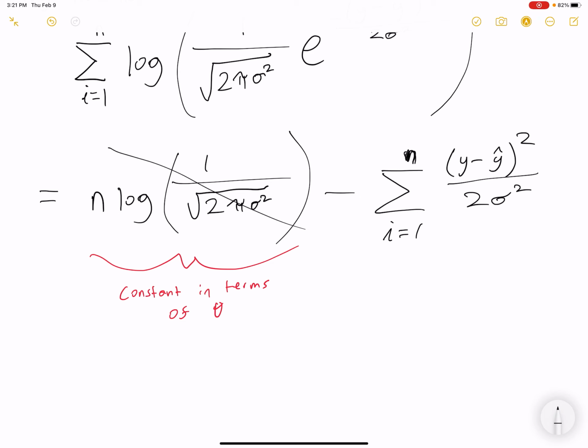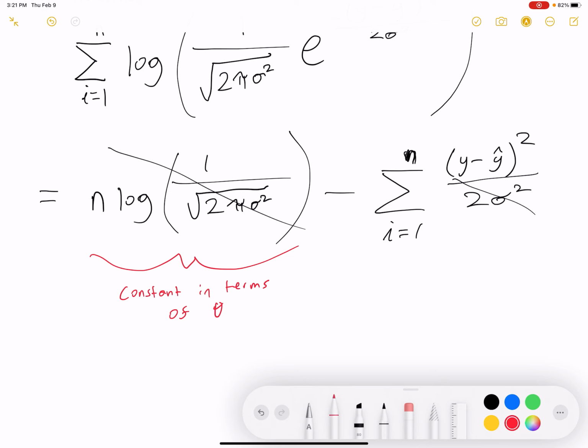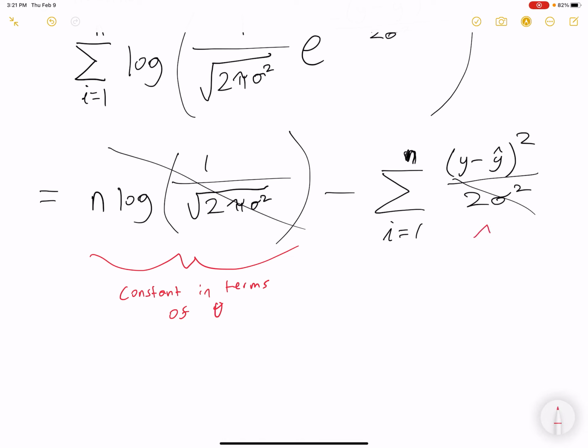Similarly, we can ignore this term, 1 over 2 sigma squared, because going back to the argmin, the argmin of f of x is equal to the argmin of a constant times f of x.